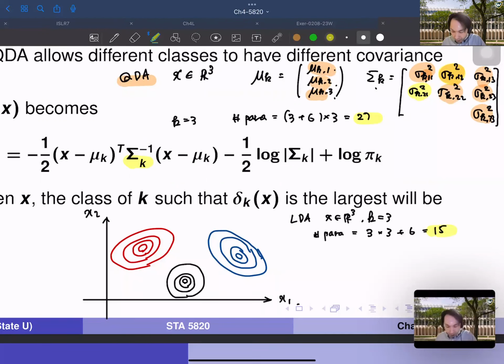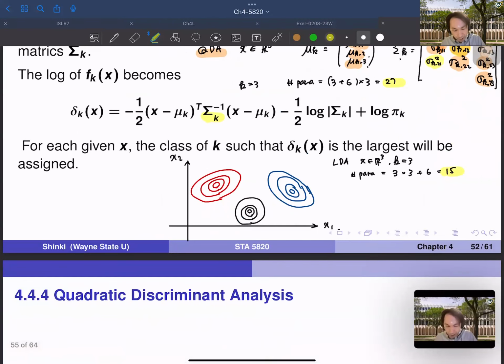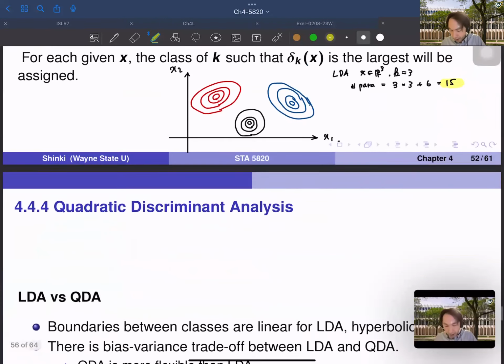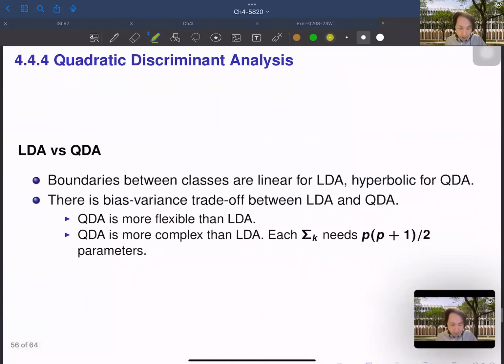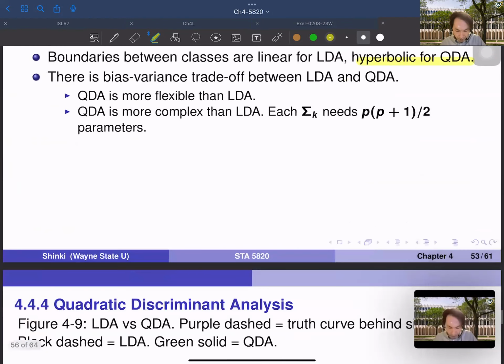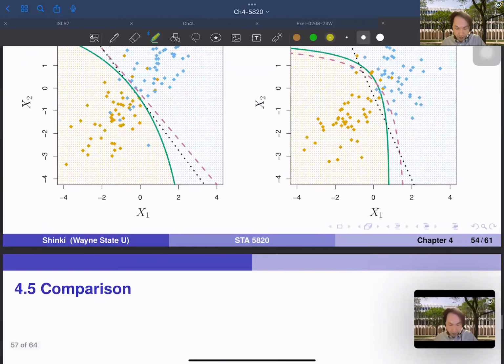More parameters means more complicated and more unstable, but if the real boundaries are more complicated, QDA fits better than LDA. The boundary between classes is linear in LDA, but hyperbolic for QDA. Originally, the boundary is based on the likelihood functions of two groups, which are quadratic functions of the predictors.